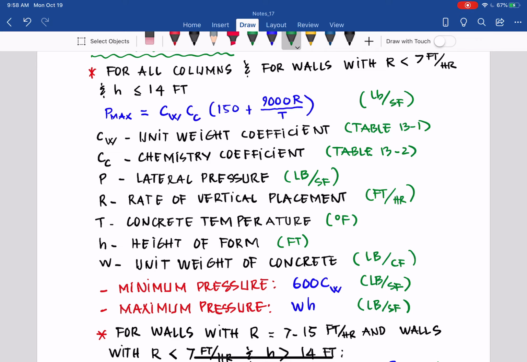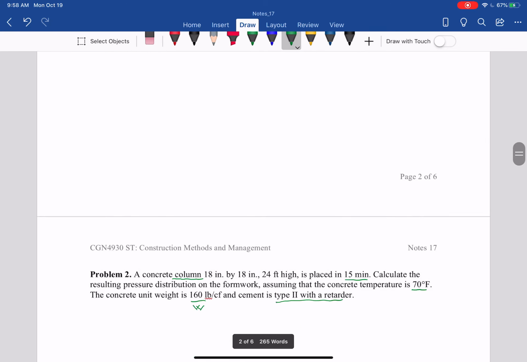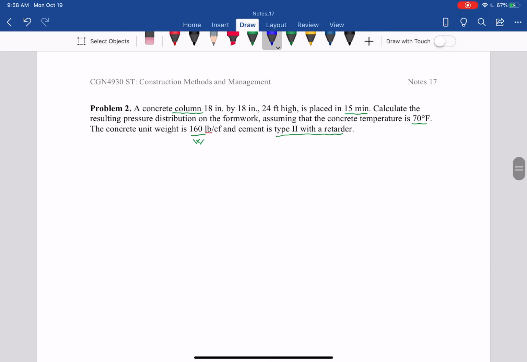It applies regardless of the height and regardless of the rate of placement of the concrete. So that is the equation we need to use.